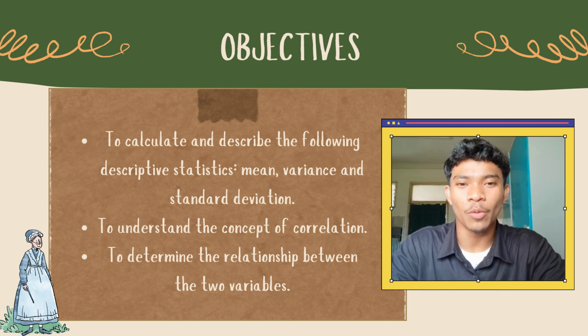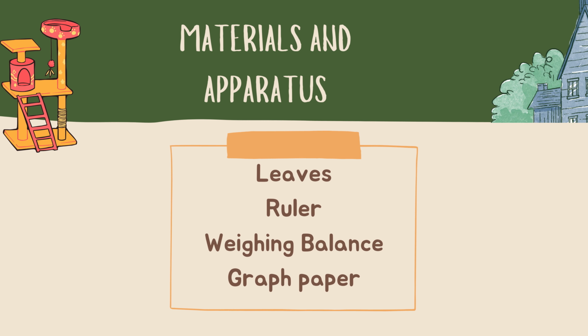Objective for this practical one: firstly, to calculate and describe the following descriptive statistic, means, variance and standard deviation. Secondly, to understand the concept of correlation. Lastly, to determine the relations between the two variables.